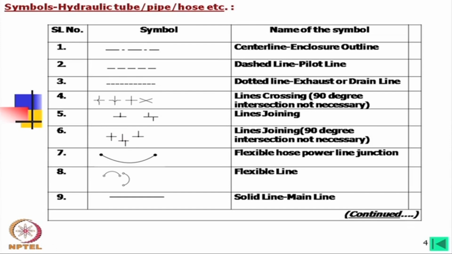If we would like to maintain a center line, usually this line is used. The dashed line is the pilot line. Also, the top one is used as an enclosure outline.